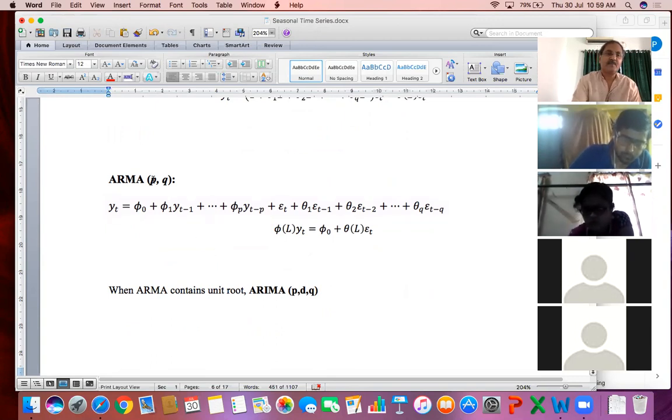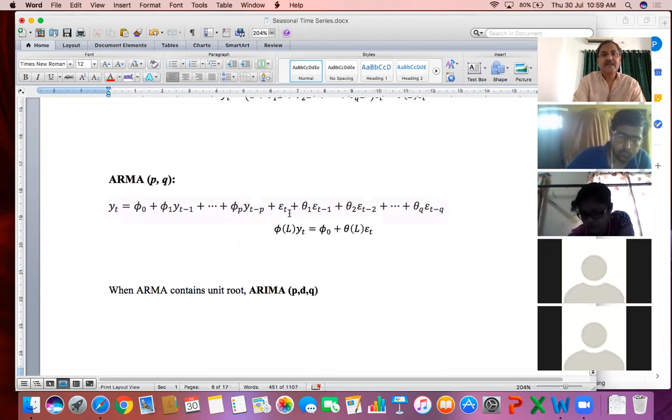The first component p denotes the order of autoregression. The second component q denotes the order of moving average. How do we express an ARMA series? Yt is equal to phi naught plus phi 1 Yt minus 1, in this way up to phi p Yt minus p. Up to this part, this is autoregressive.